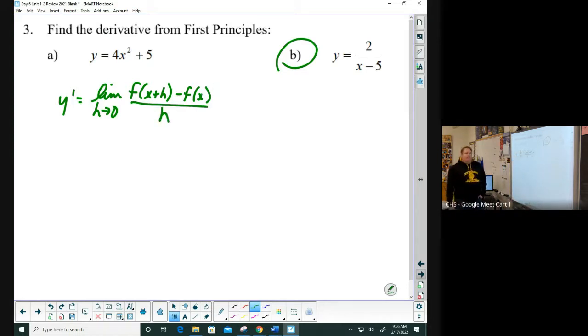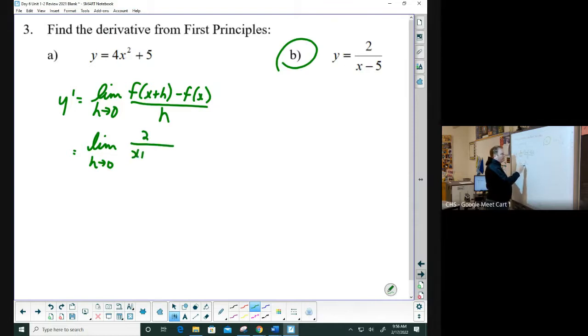But of course, this time it's a fraction one. So it's 2 over x plus h minus 5, minus, and then just plain old x is what's there.